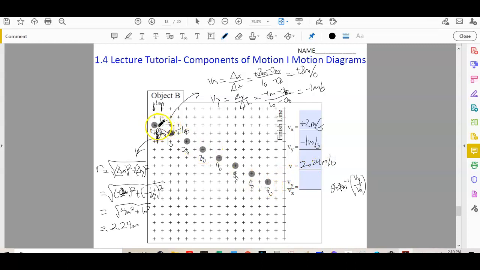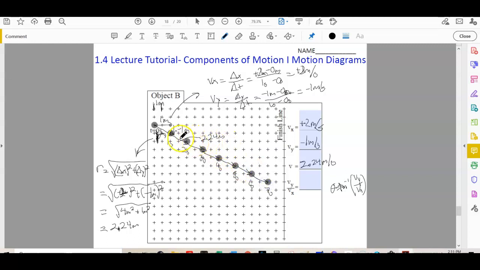Now, how would you categorize this? Would you categorize this as speeding up, slowing down, or constant velocity? Well, it moved the same distance here, 2.24 meters, from 1 to 2 seconds, and then the same thing here, and here, and here. So it looks to me that this object has no acceleration.